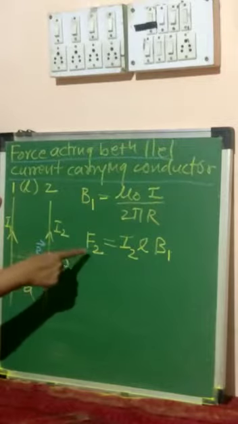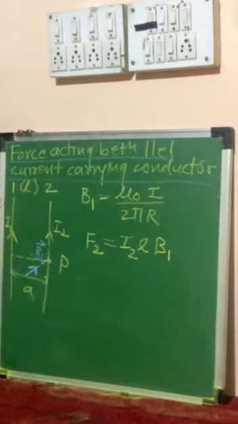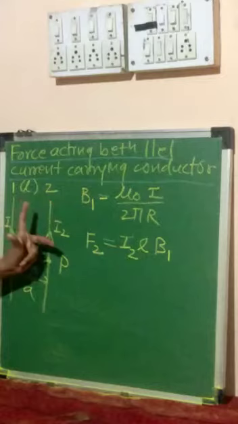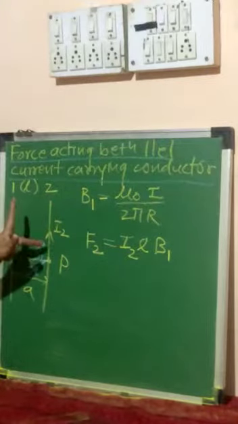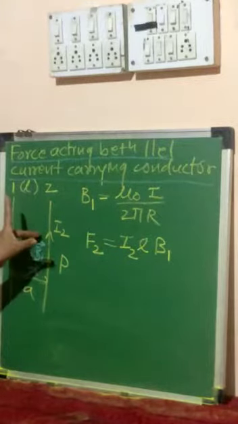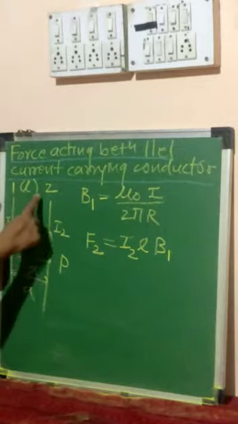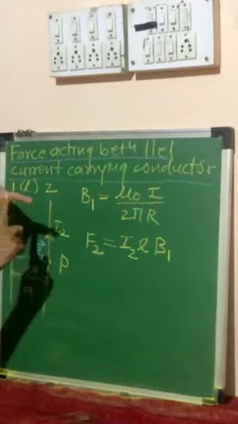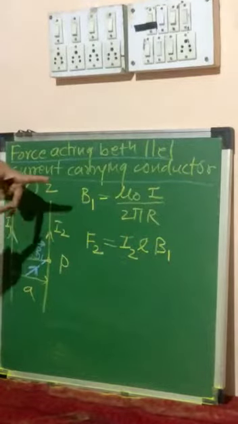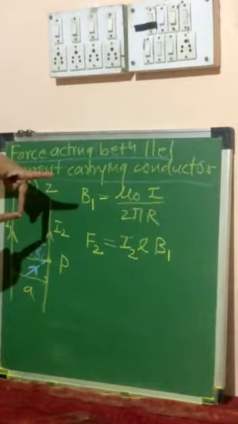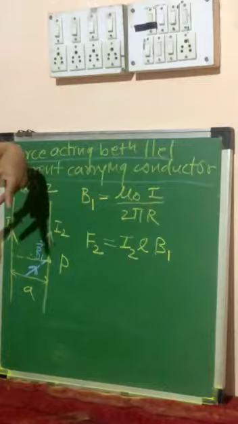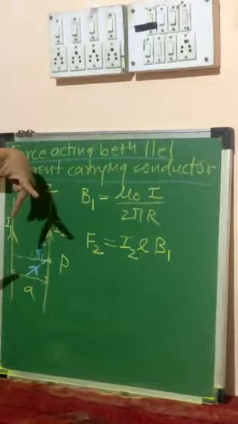Now, the flow of current is in the upward direction, and the magnetic induction is inside the plane and perpendicular to the length. So what will be the direction of force? For that purpose we are going to use Fleming's left hand rule. Fleming's left hand rule says that the forefinger indicates the direction of current, the middle finger indicates the direction of magnetic induction, and the thumb indicates the direction of force.